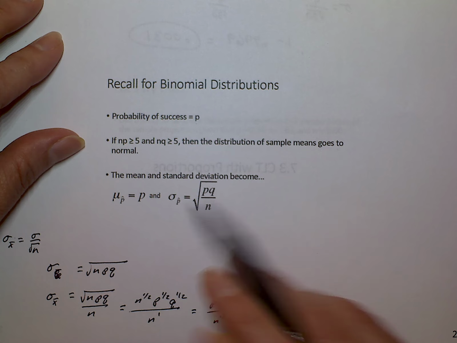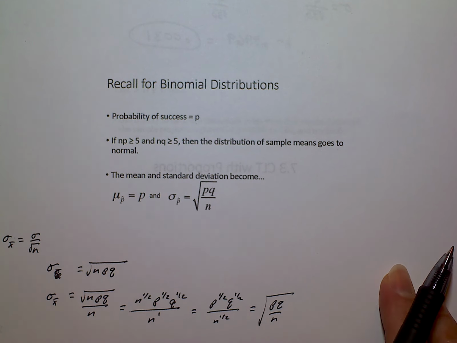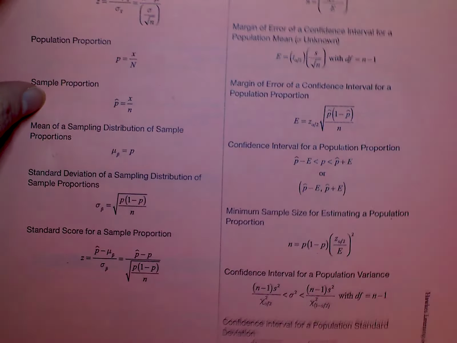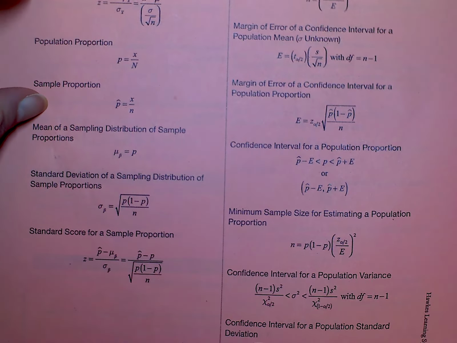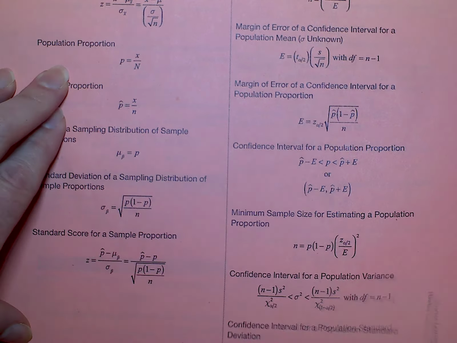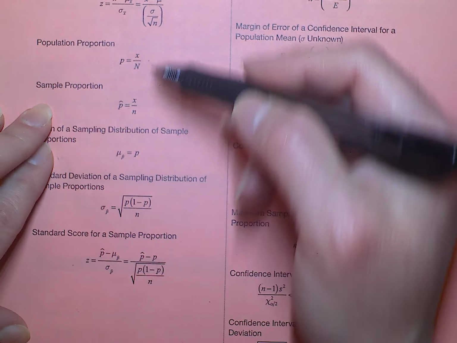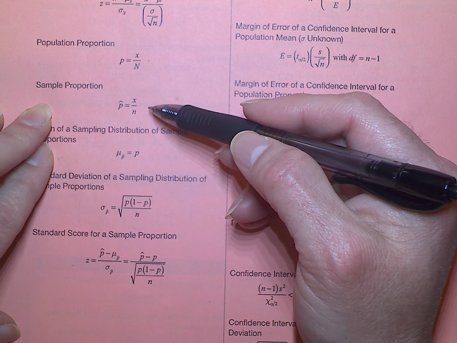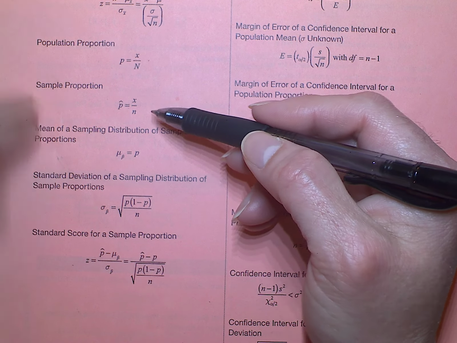This is the fourth sample, and let me grab our formula sheet so I can show you that it is on here. You're under chapter 7, population proportion, sample proportion. Those are the little formulas I just showed you.